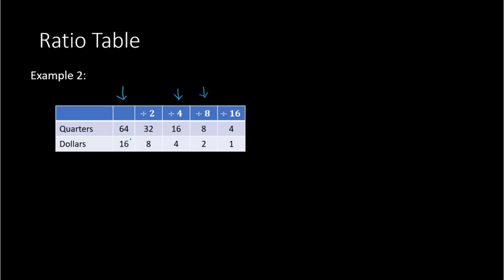So again, for example, if we wanted to determine how many dollars are required to make 4 quarters, or 4 quarters would equal how many dollars, if you didn't know that, you could look here at the table and realize that 4 quarters would equal $1. Okay, so you can look at the table to determine that. All right, so we can divide or multiply the first column by any number to carry the pattern on.